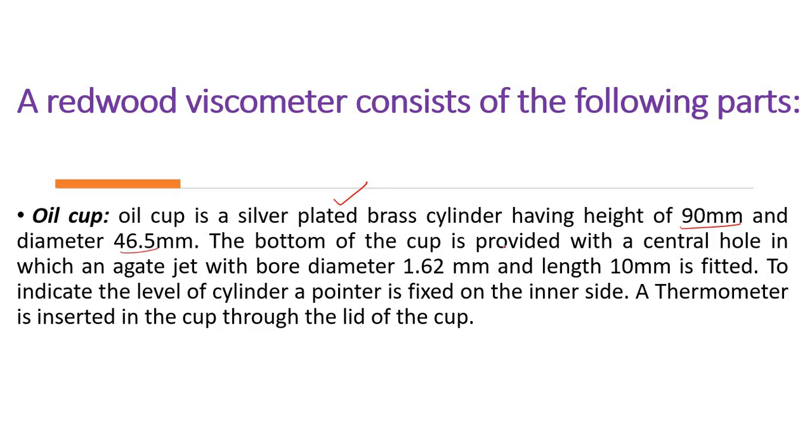The bottom of the oil cup is provided with a hole with a bore diameter of 1.62 mm. There is a level indicator in the cylinder, that is a point which is fixed on the inner side of the cup. A thermometer is inserted in the cup through the lid of the cup.